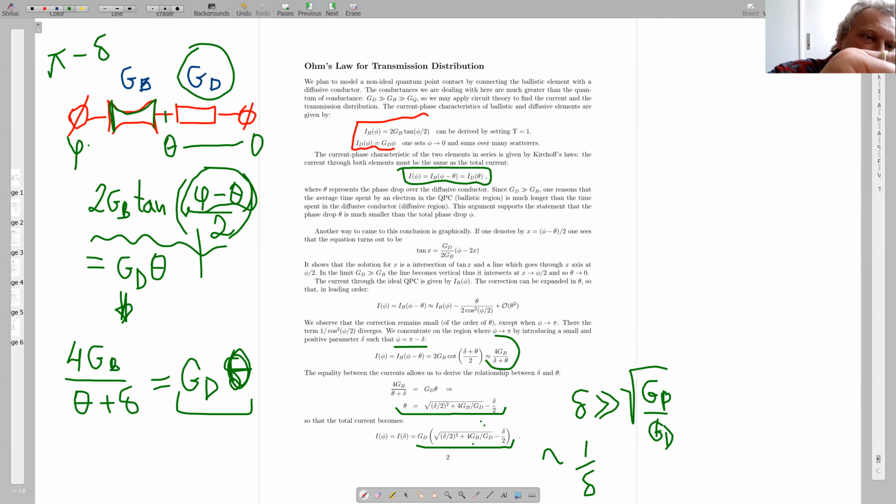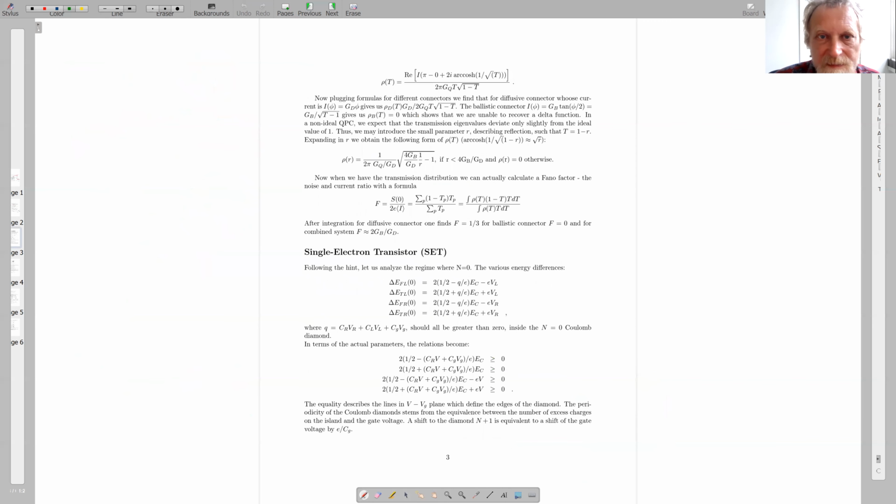It means that the current is dominated by this resistor. But if delta is small, of the order of this small value, something is complicated. Good, so now we have a formula for the current, and we need to invert it to obtain the transmission distribution. Fine, so next page.